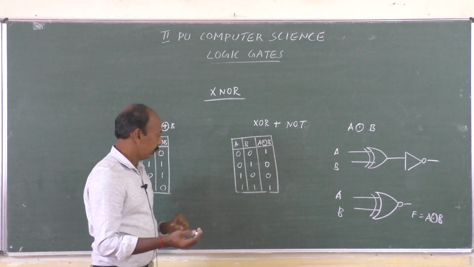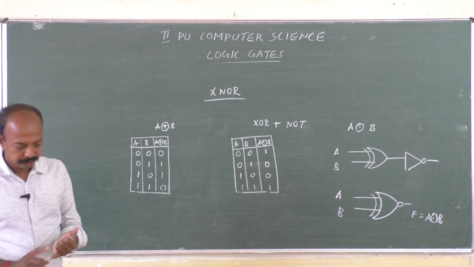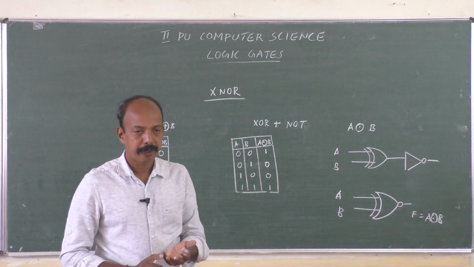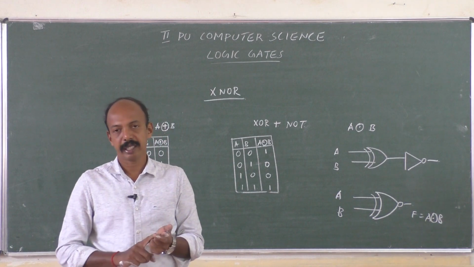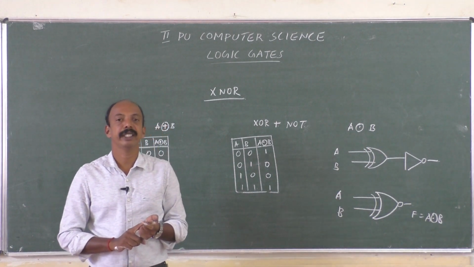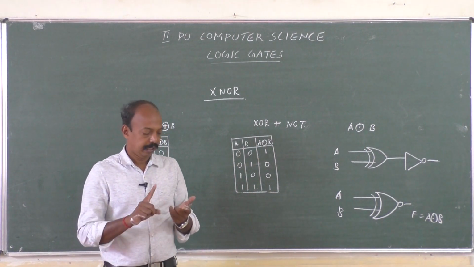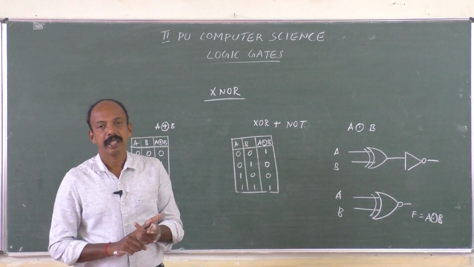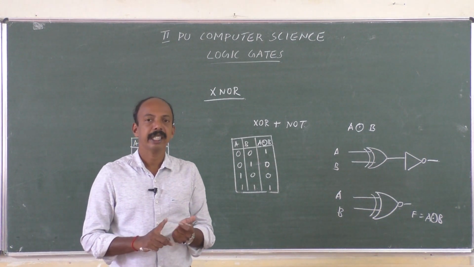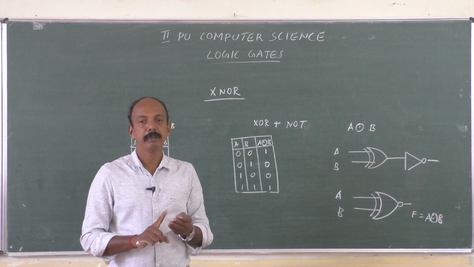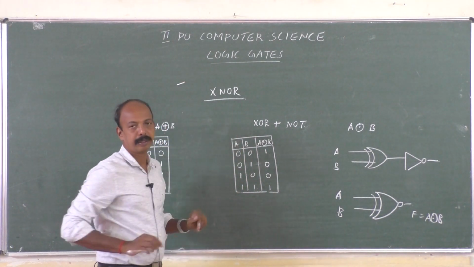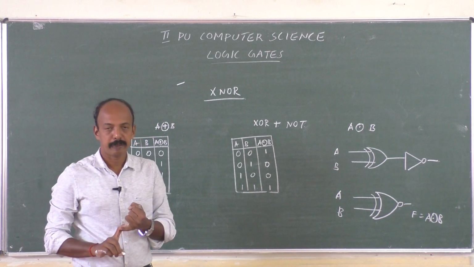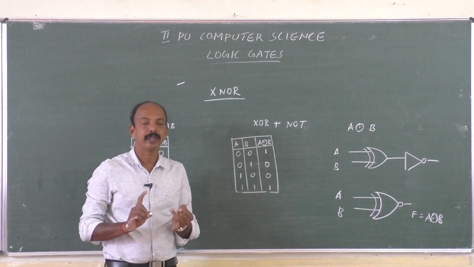Let's just recall. Till now we have seen the basic gates, which are the NOT gate, AND gate and OR gate. Then we have seen the derived gates, NAND gate, NOR gate, XOR gate and XNOR gate. The symbol for NOT is just a bar, the symbol for OR is plus, the symbol for AND is dot.